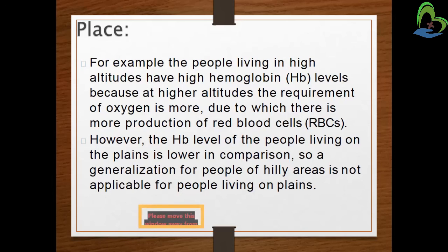On the other hand, the person who is living in the lower plains will not have that requirement of oxygen which the high altitude people have, so their RBCs will be comparatively low. So this again cannot be generalized. It is not applicable to the whole population. We cannot read it on the whole of the population.